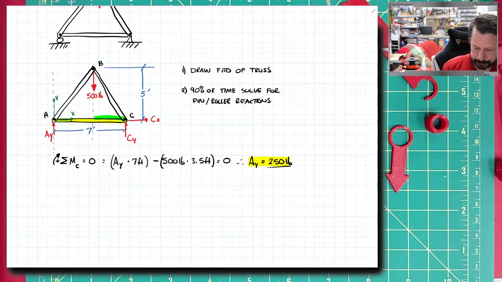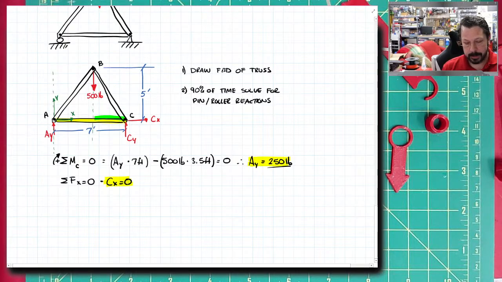So there's AY. We could write summation of forces in the X direction, and that will tell us CX equals 0. That's useful because that means we don't have to worry with CX.